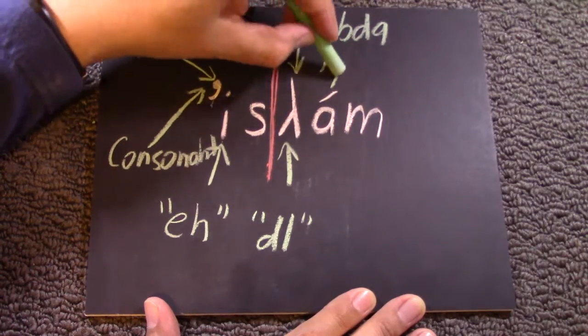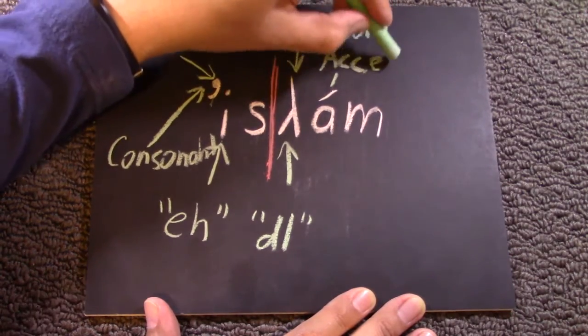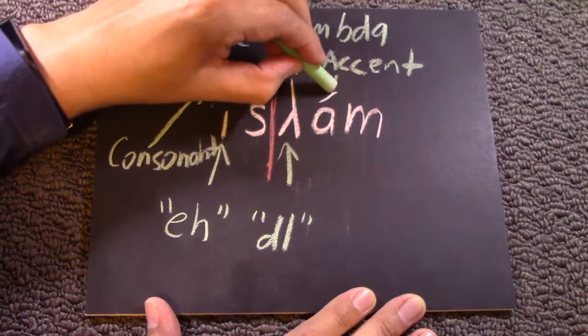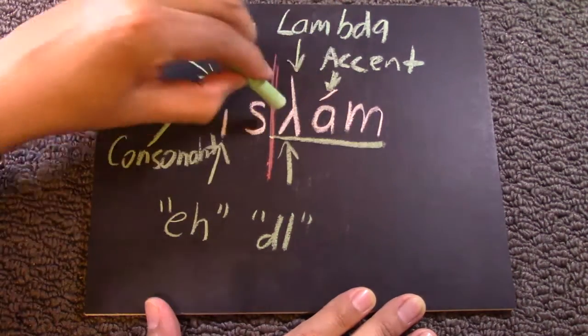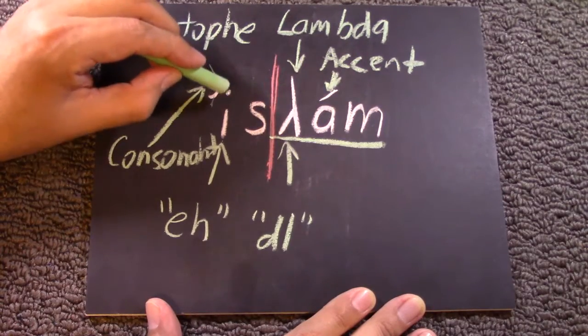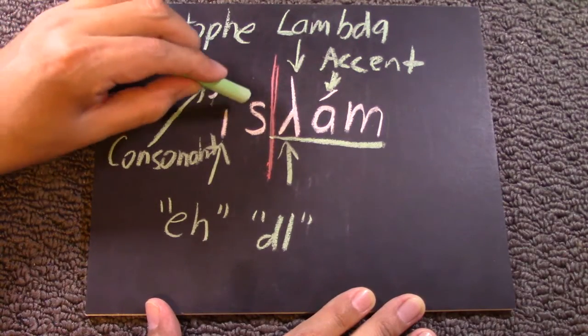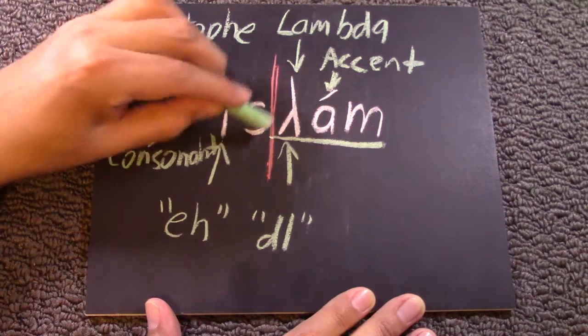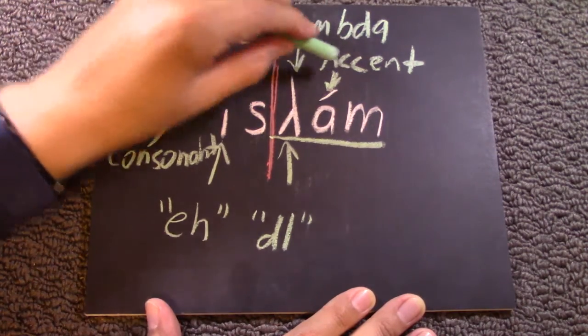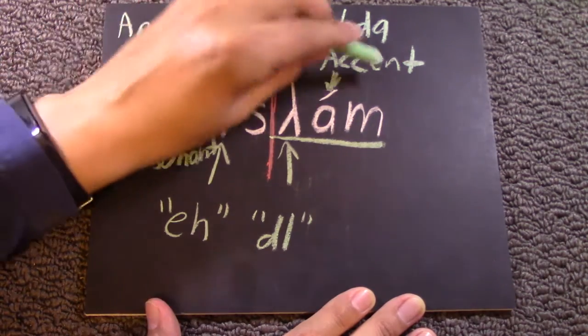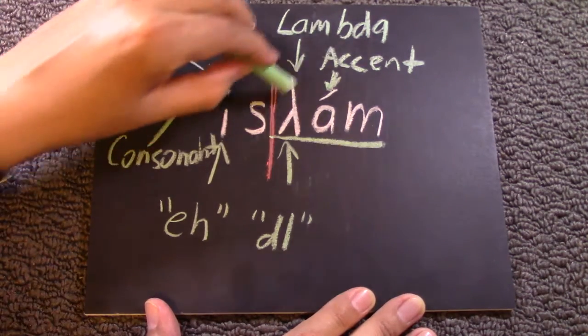Over the A here we have an accent. So it tells us we're going to put more emphasis on this last syllable. So we're saying the first syllable in a lower tone, is, the second syllable in a higher tone, dlam. Is, dlam.